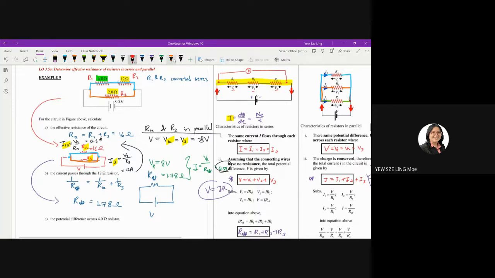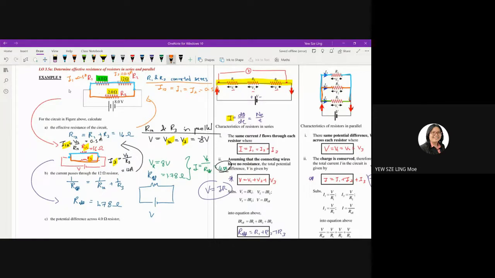Last step, I'm going to reverse it back again to the original diagram. In the original diagram, I know R1 and R2 are connected in series. If they are connected in series, what is the characteristic? It tells us I12 is equal to I1 equal to I2, which is equal to 0.5 ampere. Once you have I, you can calculate its V. So I1 equals 0.5 and I2 is also 0.5 ampere.